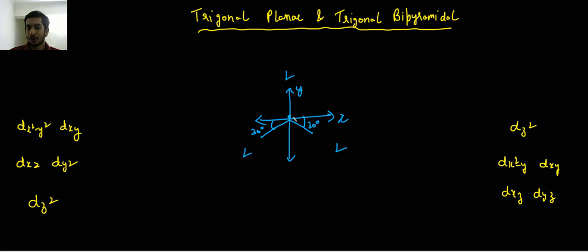So you know, directly on the y-axis we have your dx square y square orbital, so it will face a direct repulsion from there. But you also know that your dxy orbital is at an angle of 45 degree, right? It is interplanar, so it is at an angle of 45 degree, whereas this ligand is lying at 30 degree, so it's lying very close to your xy orbitals, right?